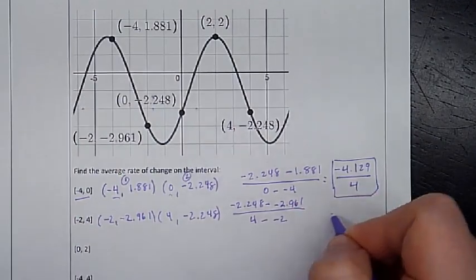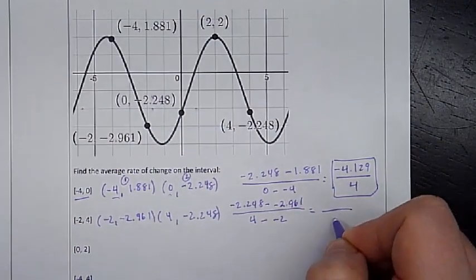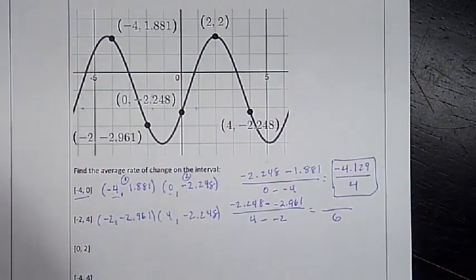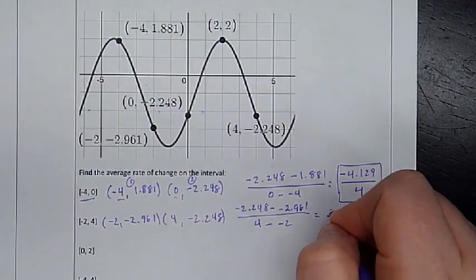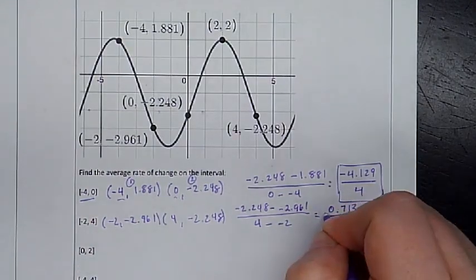I know that this is over 6. -2.248 minus -2.961, which gives me 0.713. Again, that's my rate of change.